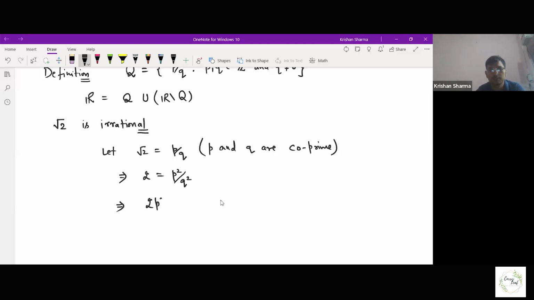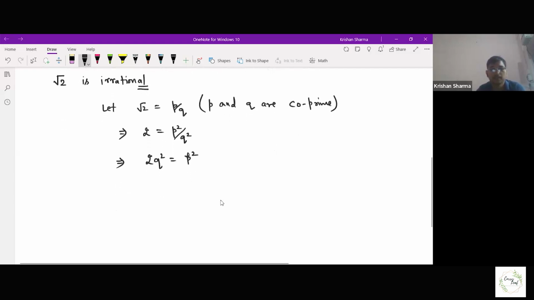So, cross multiplying, 2q square is equal to p square, right? Now that implies 2 divides p square. And the next thing that implies is 2 divides p.